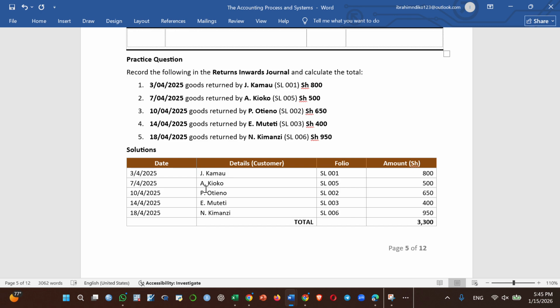Now record the following in the return inwards journal and calculate the total. So on 3rd of April 2025, goods returned by J. Kamau.